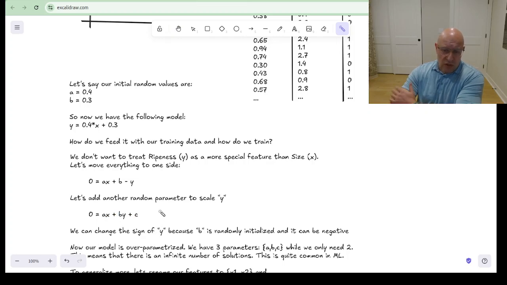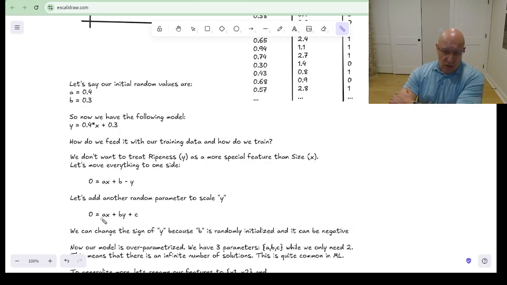We know that typically a line can be defined by just two parameters. So since we have three parameters, it means that there are many solutions. The same line can be represented by all kinds of combinations of a and b and c.